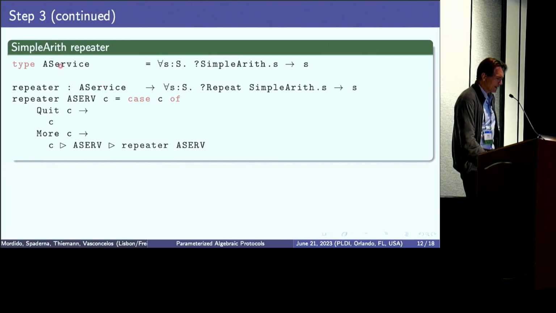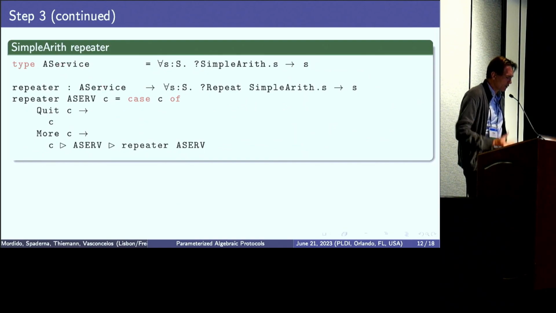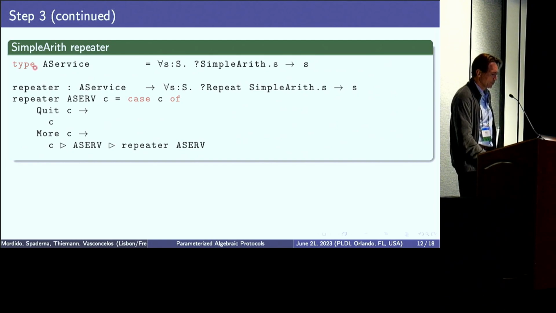So what can we do with that? Well, now we can parameterize over a whole server for a protocol. If we consider this type here, this was the type of the simple arithmetic server. Now we can write a repeater that takes a value of this type, and then it returns a server that repeatedly executes the simple arithmetic protocol.